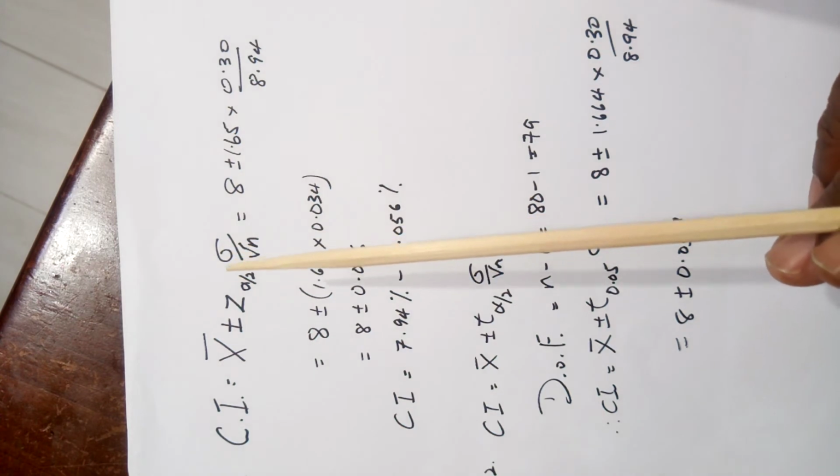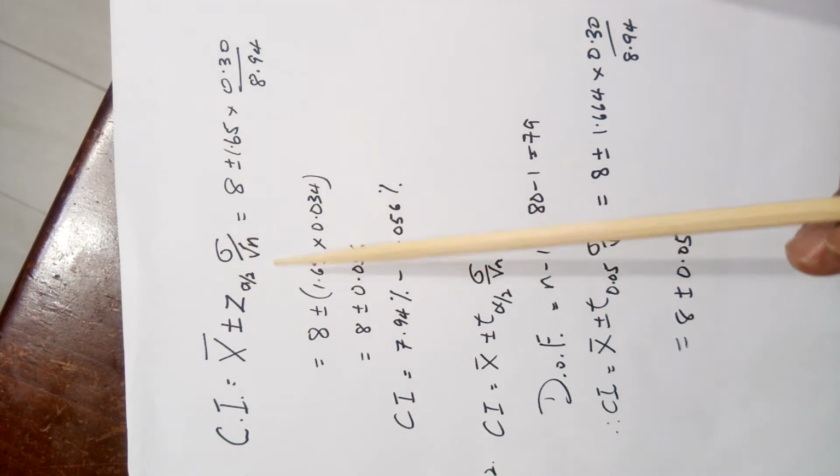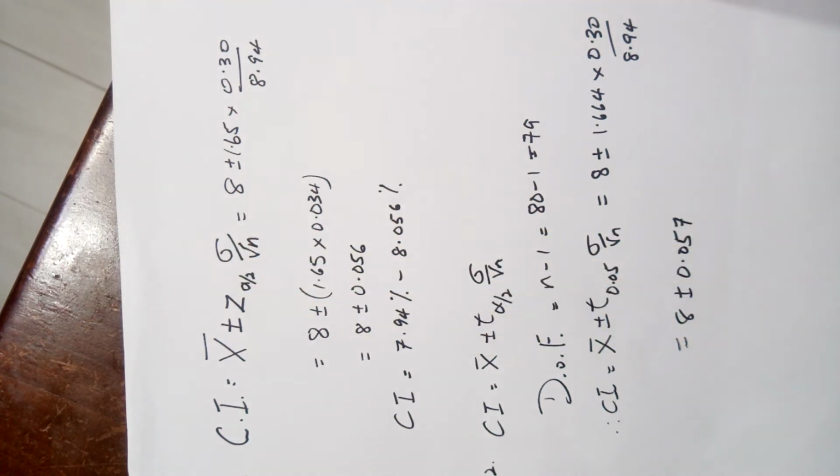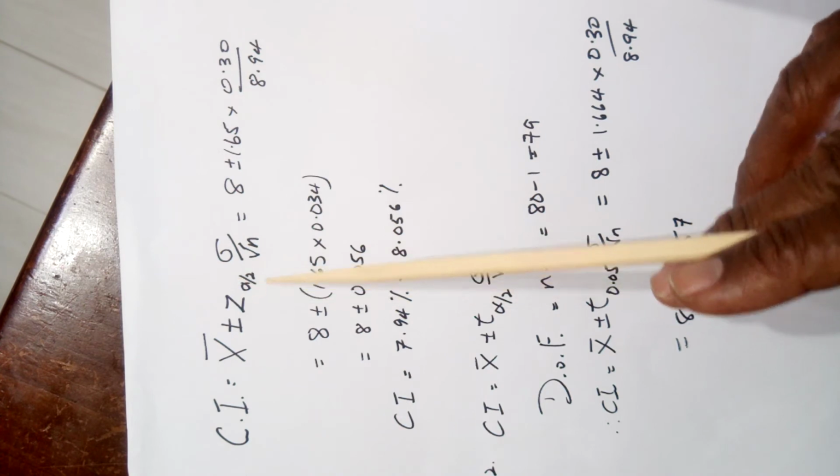So although it's 90% confidence, 90% just tells you what is under the curve within the limits, and 10% is outside those limits. But half of that 10% is high and half is low. So since the Z statistic is interested in the right end, that's why we use alpha over 2.